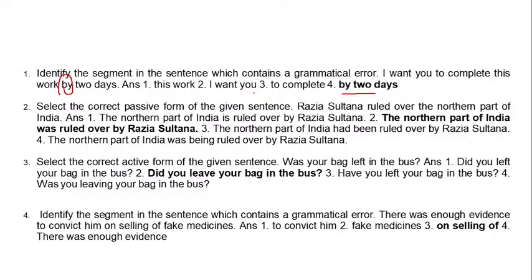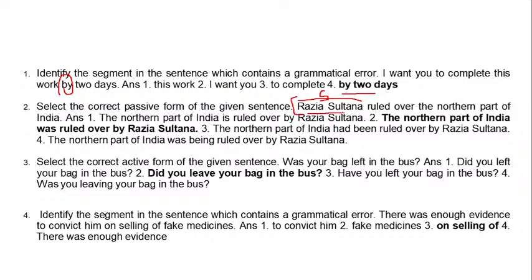The sentence says, Razia Sultana ruled over the northern part of India. Straight and simple sentence. I've repeated many times how to solve your voice questions. For that, you have to first select the subject of the sentence, about whom the sentence is.